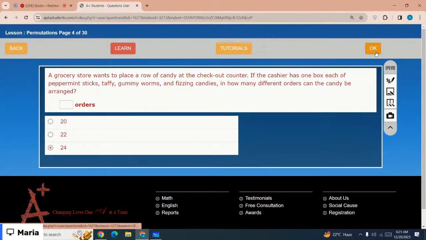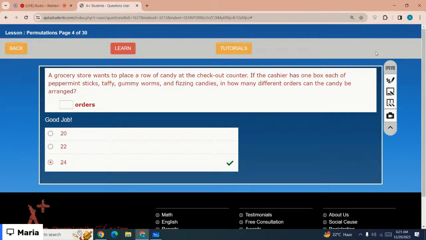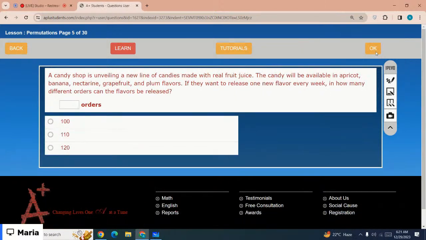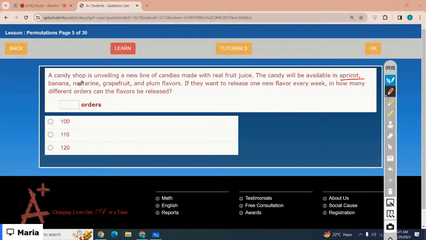So basically, whenever you have to calculate the orders, you simply need to calculate the factorial. Whatever options you are given, you need to calculate their factorial. Like for this one: a candy shop is unveiling a new line of candies made with real fruit juice. The candies will be available in apricot, banana, nectarine, grapefruit, and plum flavors. You have one, two, three, four, five.